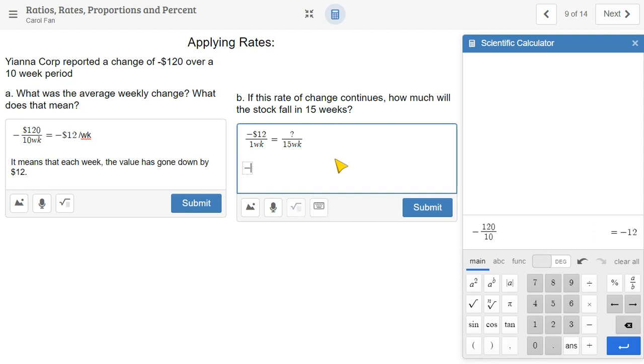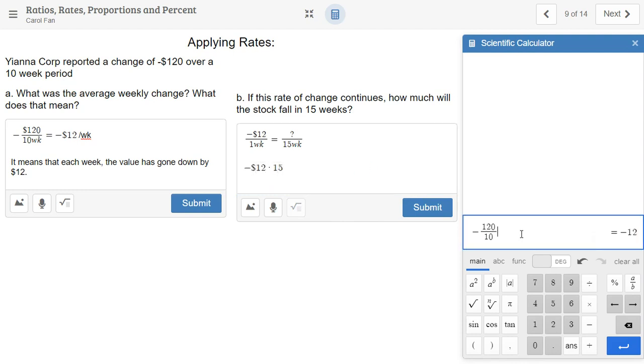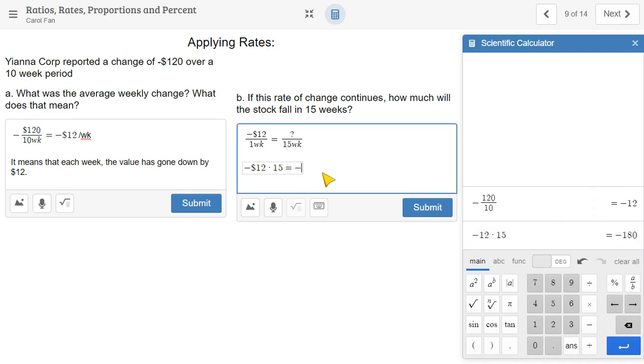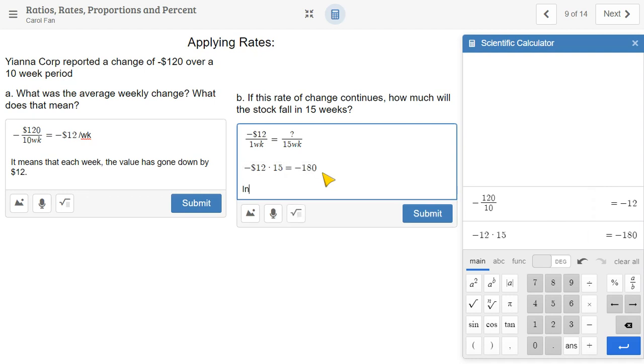A negative $12 times 15 weeks. 12 times 15, let's throw a negative, negative 180. So in 15 weeks, the stock fell by $180.